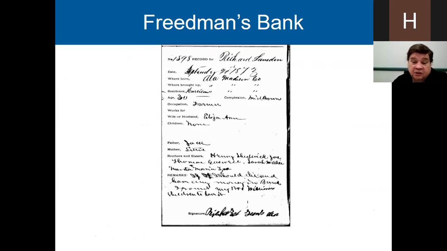Another source of information from this time period is the Freedmen's Bank. Freedmen's Bank was set up so that the newly freed African Americans would have a safe place to put their earnings, because they were going to get paid for working now, and they needed a place to keep their money.